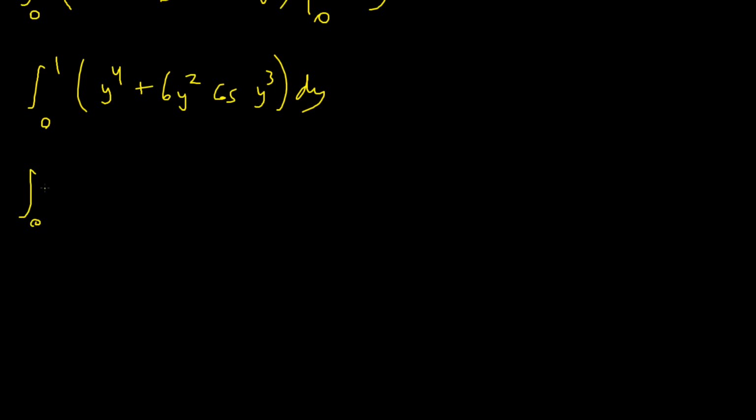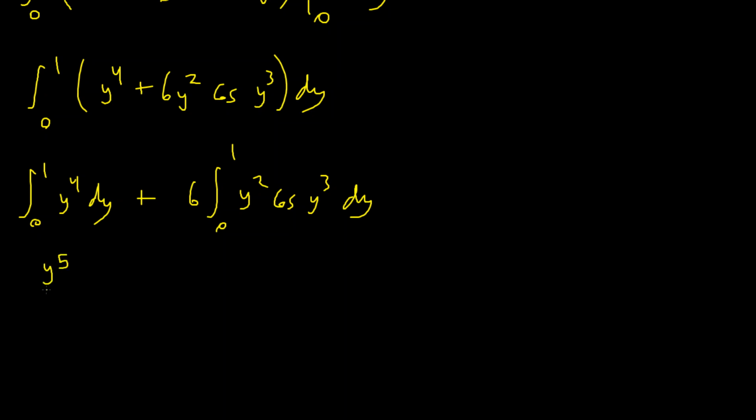The integral from 0 to 1 of y to the 4th dy plus 6 times the integral from 0 to 1 of y squared cosine y cubed dy. Now this first integral we can solve easily. We bump up the exponent by 1 and divide by that same number. So this is the antiderivative for the first integral. We evaluate it from 0 to 1.